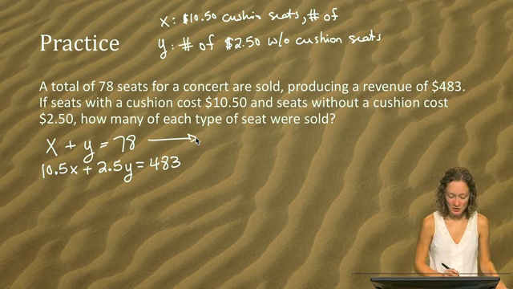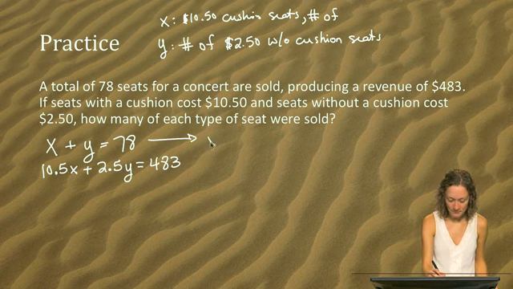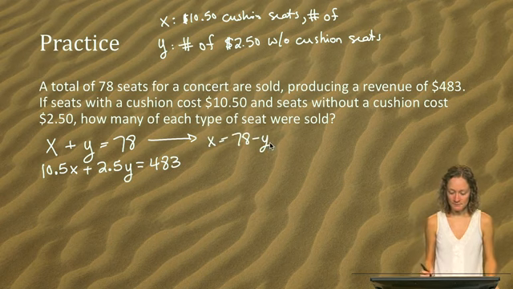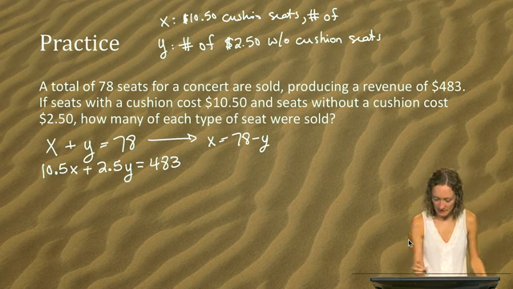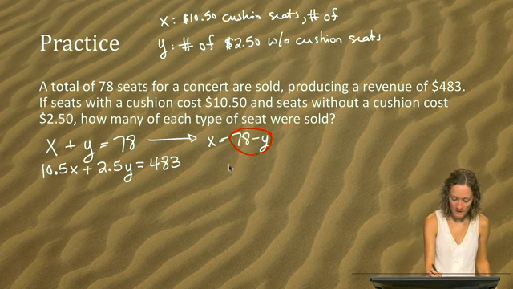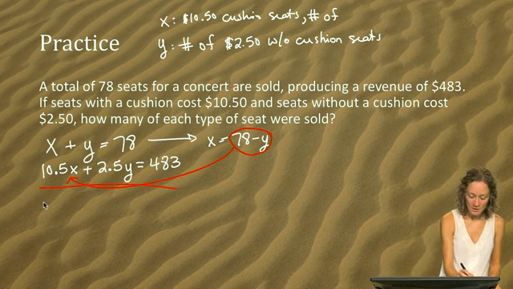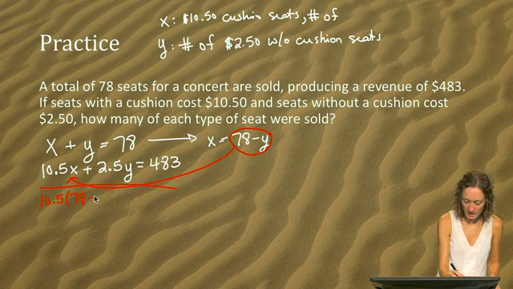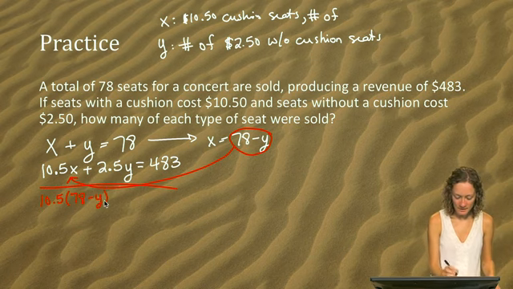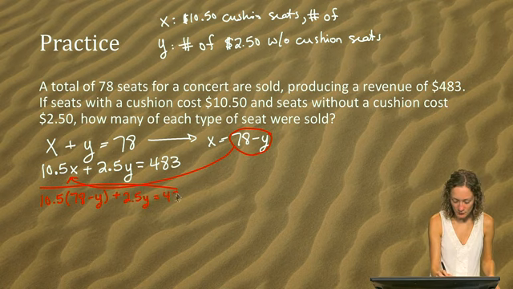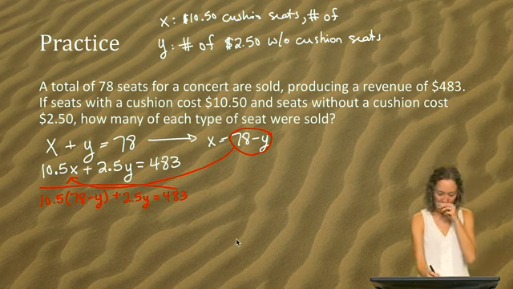So I'm going to go with substitution, and I'm going to solve this equation for x. Just subtract y over. We'll have 78 minus y. And then substitute that in. So we'll take 78 minus y and substitute that in for x, which gives us 10.5 times 78 minus y plus 2.5y equals 483.